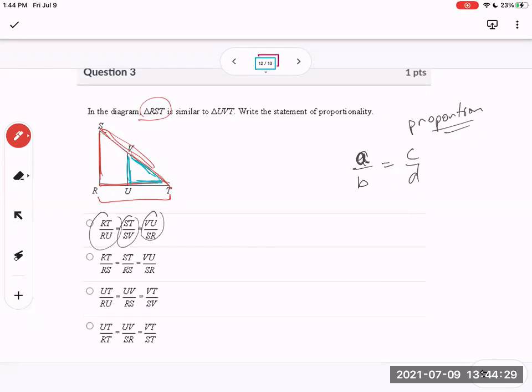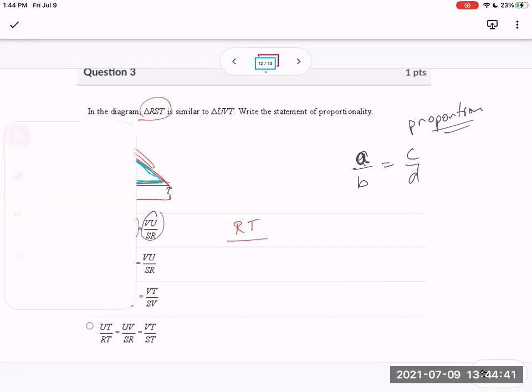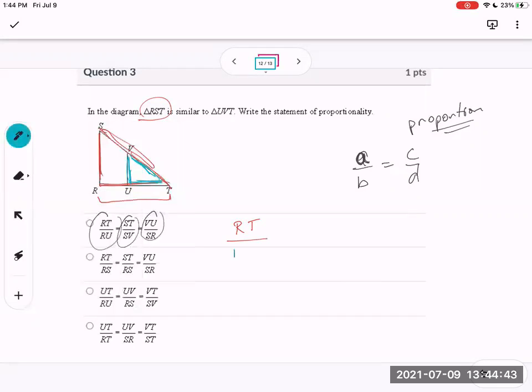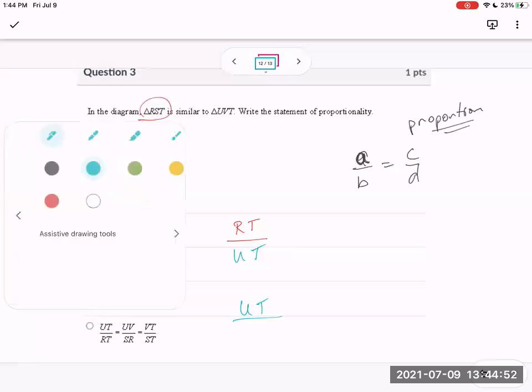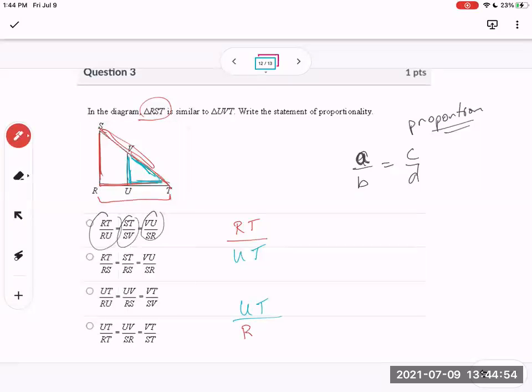One is a dilation of the other. You could think of it like that. So RT is to UT, or I could flip that upside down. Notice they're putting the UT on the top because it's smaller. So I'll do that too. Wait, so you're saying UT is half of RT?